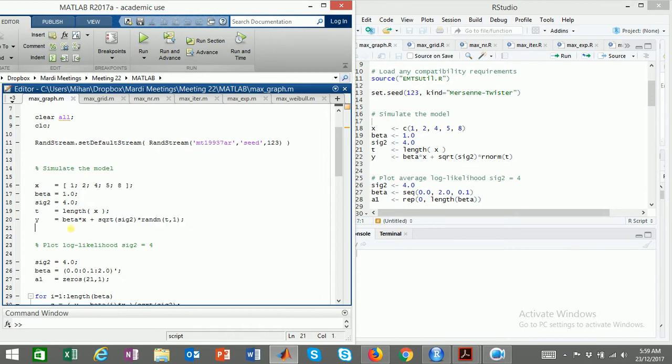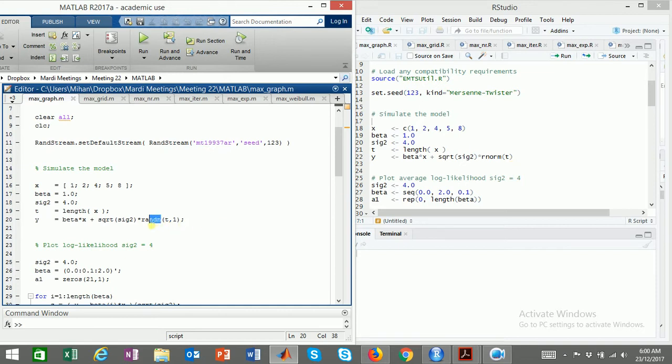The equation is the same: beta x plus the square root of the variance sigma square, multiplied to x. This is the default structure, and the whole thing will give you the residual. We're generating random numbers here, multiplying with the standard deviation, very simple, and that gives us the residual.